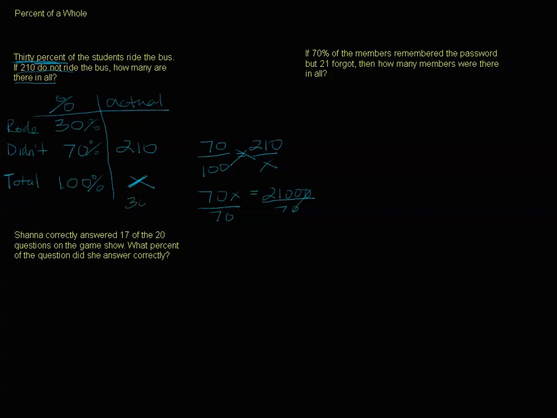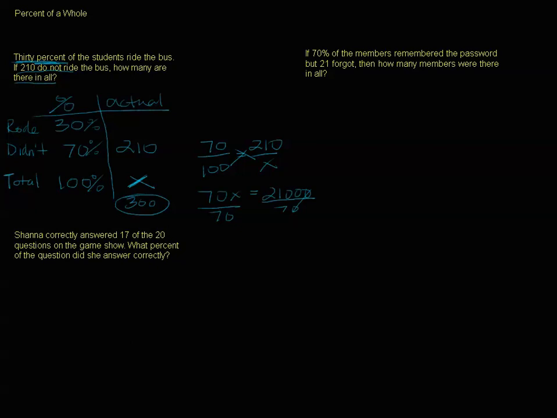So 300 total. Now we can work that out by dividing. You can see that 21 divided by 7 is 3, so 2100 divided by 7 is going to be 300. So there's 300 students total.